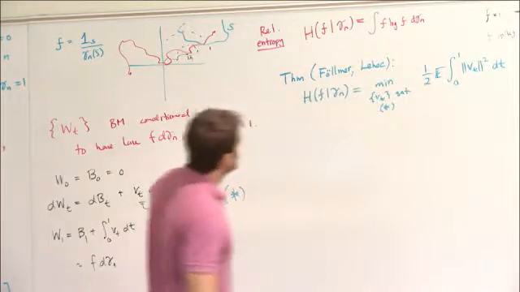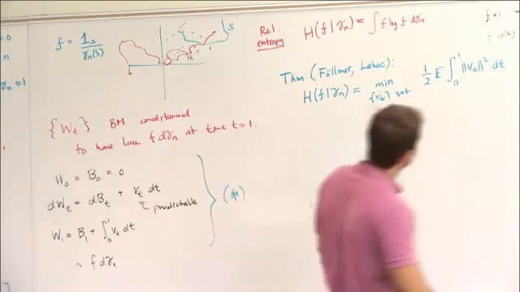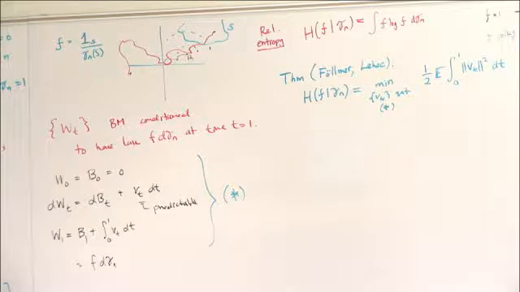So the relative entropy of f with respect to the Gaussian measure is exactly equal to the minimum amount of energy you have to expend in order to push the Brownian motion to have distribution f at time 1. Does the equation make sense?